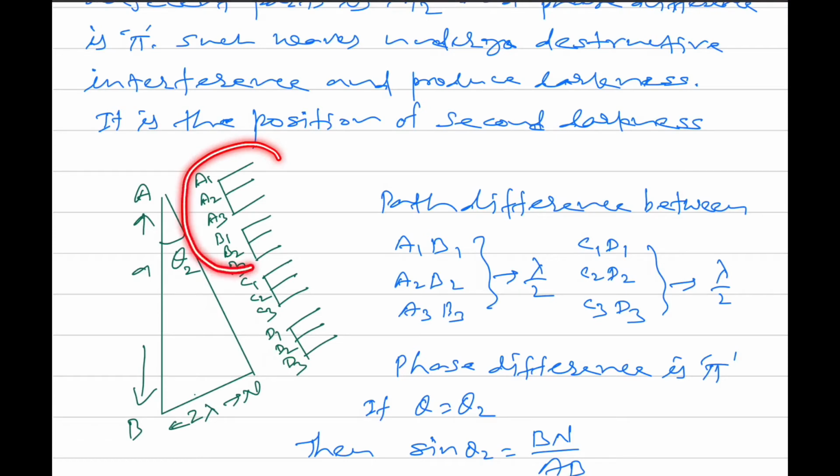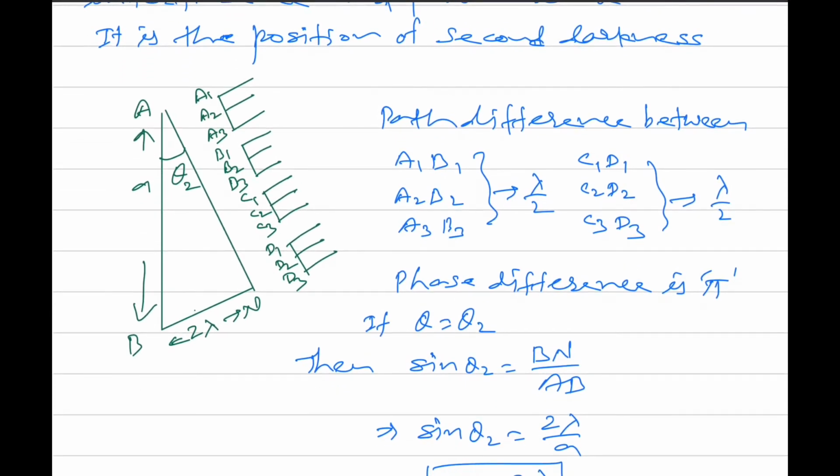A1, A2, A3, B1, B2, B3 are a pair of 2, and C1, C2, C3, D1, D2, D3 are the remaining pair of 2. So this total is 2 lambda. If we divide this into 2 parts, then we will have lambda. Again, if we divide the 2 parts into further 2 parts, we will get the path difference of lambda by 2, lambda by 2, and phase difference is again pi.